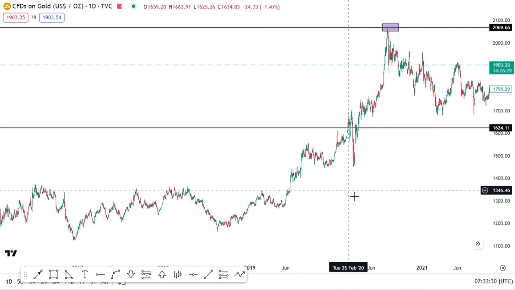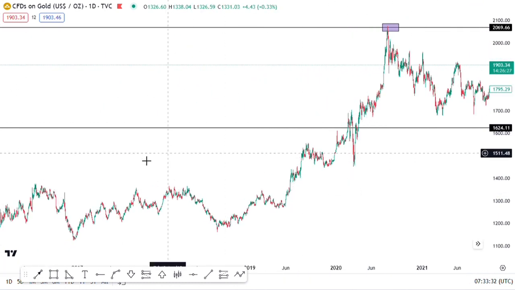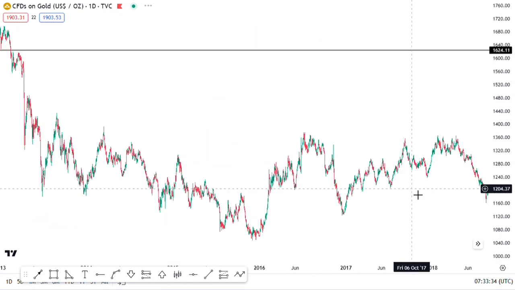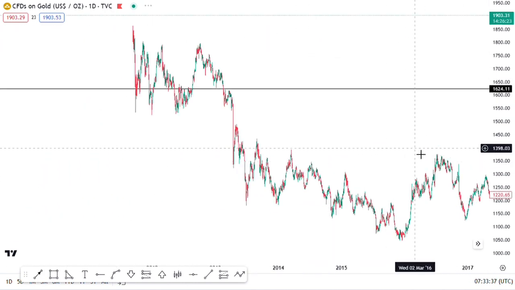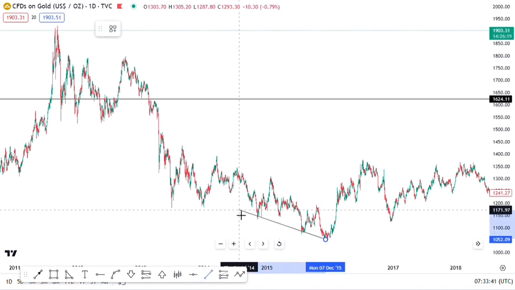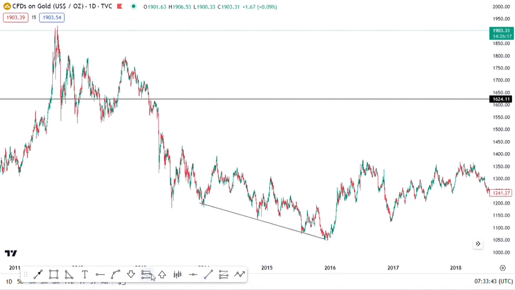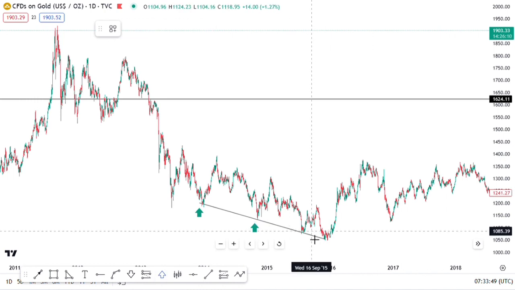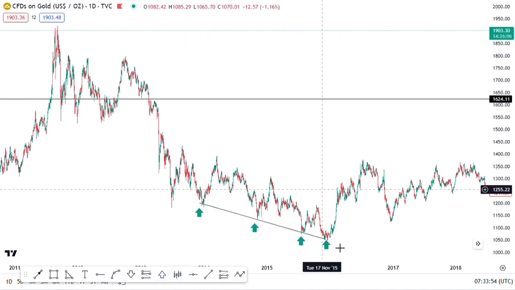So let's look at another example of a supporting trend or a resistance trend. As you can see, first, second, third, fourth. Here we have our first touch, second touch, third touch, and then fourth touch.